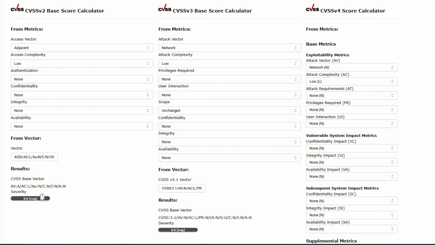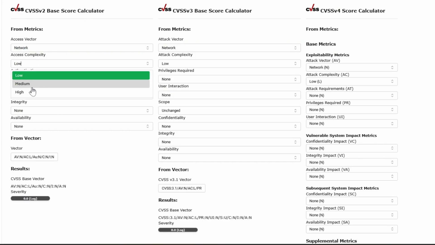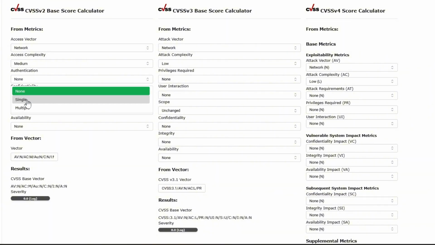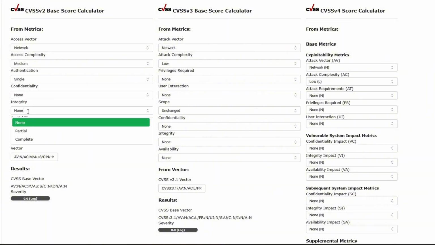Now, it is a low level. Why? Because everything is none and low. Based on the criteria, the priority would be getting increased. If you make it medium, if you make it single, if you make it partial, now it becomes 3.5. Availability is partial, it becomes 4.9.